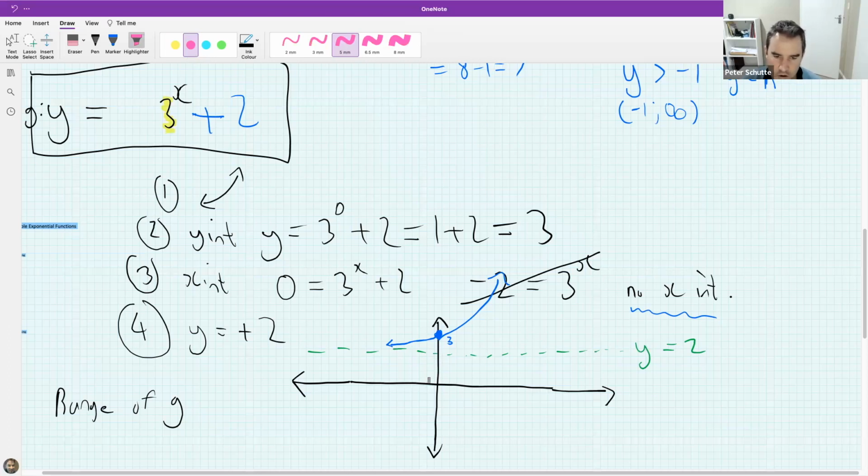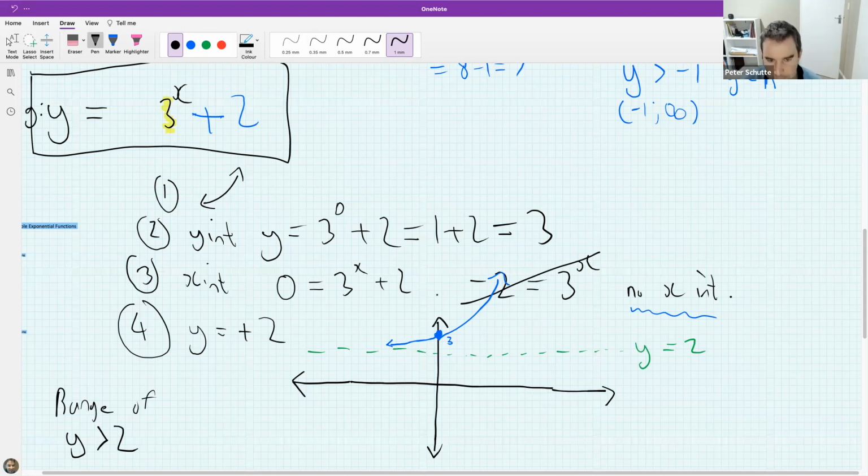So you may not go down here. This is banned territory. You may not even be on the dotted line. You may be up here. And so can you describe that mathematically? I think the simplest way to write this is to say y is greater than 2.